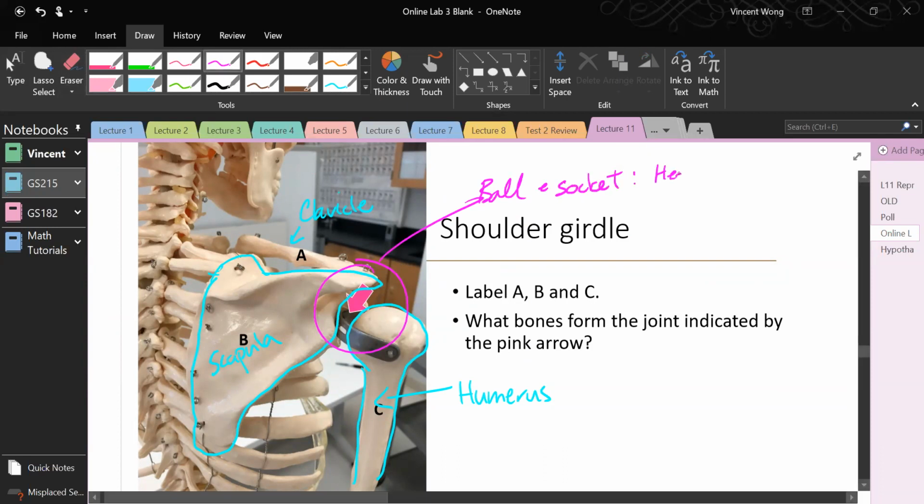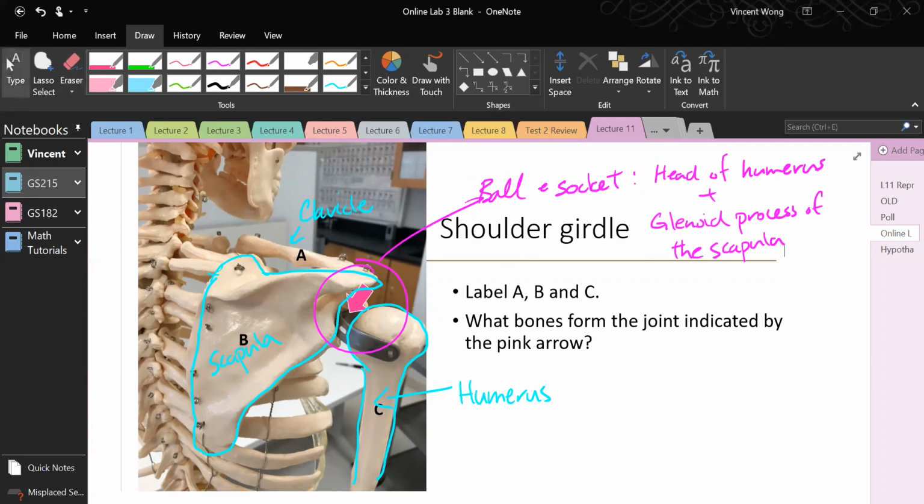The head of the humerus and the glenoid process of the scapula. Okay. That groove that the ball goes into, glenoid process.